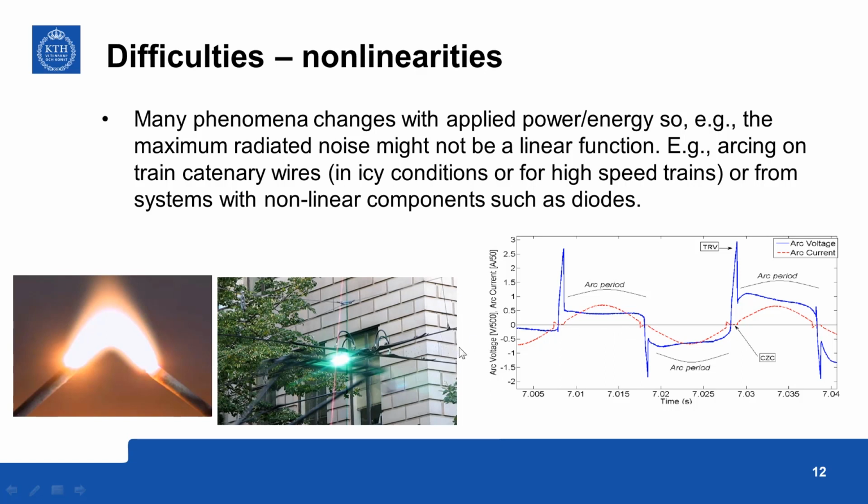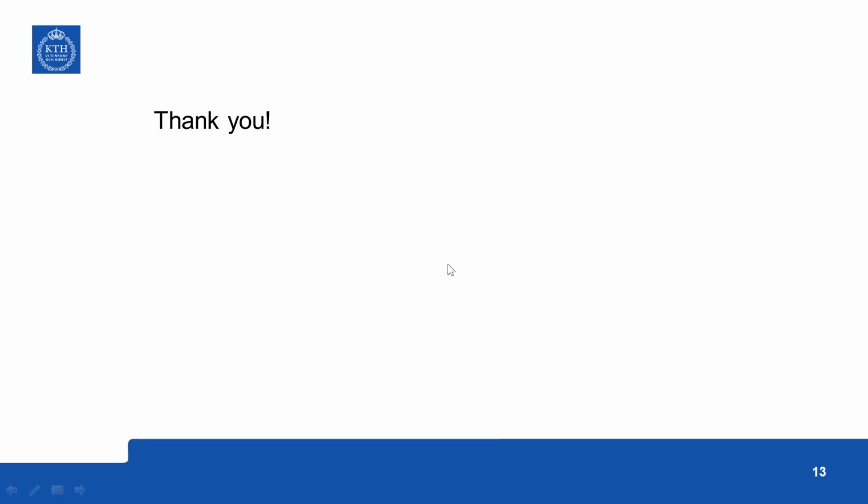In Sweden it is very common during the winter to have icing on the catenary, and due to that, arcing of the catenary creates a lot of EMC problems for the trains as well as for nearby systems, which are very difficult to predict. So that gives you a flavor of some of the test methods and some of the standards. Thank you very much.